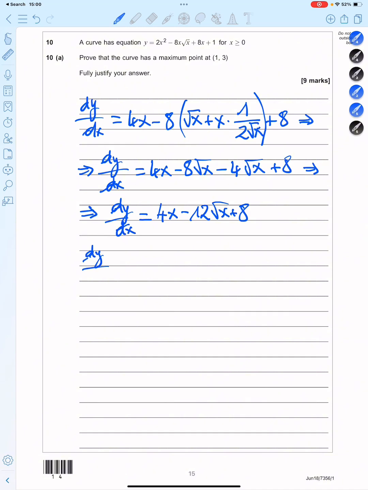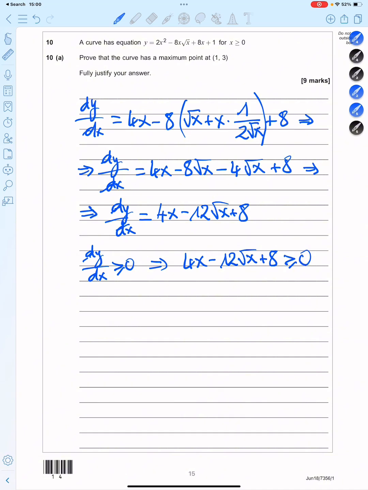So dy/dx positive, this implies that 4x minus 12 root x plus 8 would be positive, right? So if I manage to solve this inequality, I would see where my curve is increasing, right?